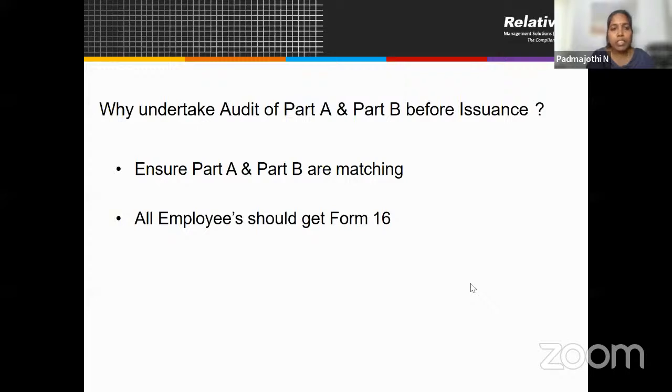I cannot mention one value in Part A and another value in Part B. So to ensure that, we require you to undertake the Part A and Part B audit before issuance of Form 16. Another objective is to ensure all employees get Form 16 accurately. So please take this as an additional step. It's not the case that whatever data I get from TRACES, I just convert it and issue the Form 16. Please take care of the audit and then issue the Form 16 to an employee.